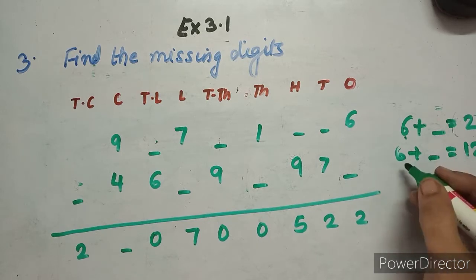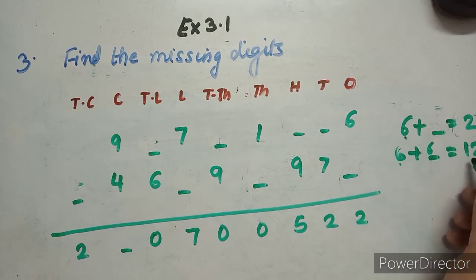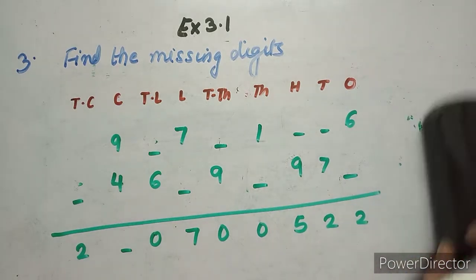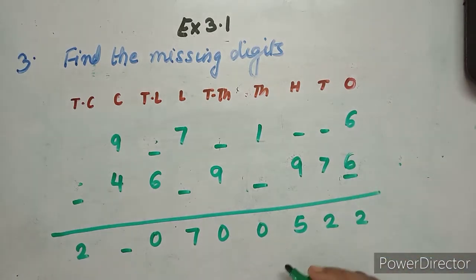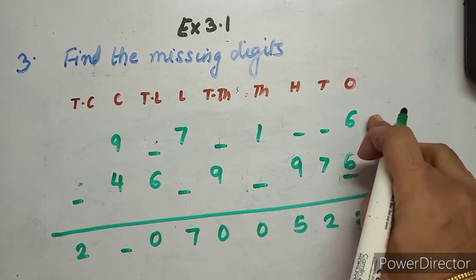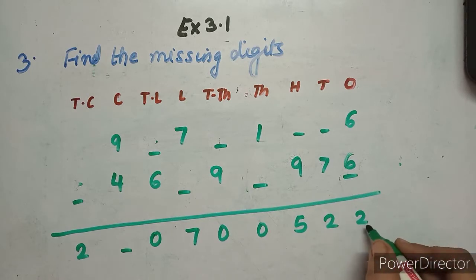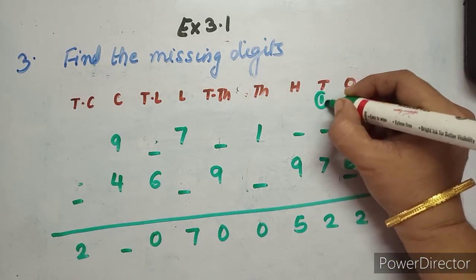So 6 added with 6 will give you 12. We write 6 in this blank. 6 plus 6 is 12, so the ones place is 2, which we write here, and 1 we take as carry over.